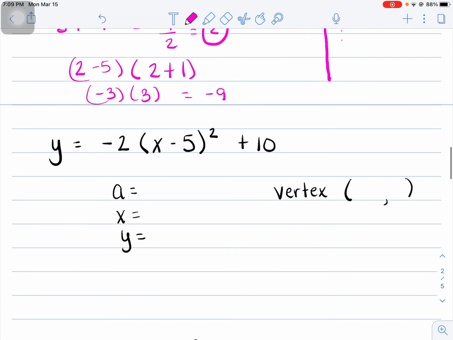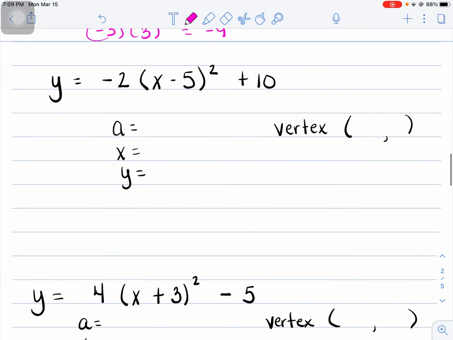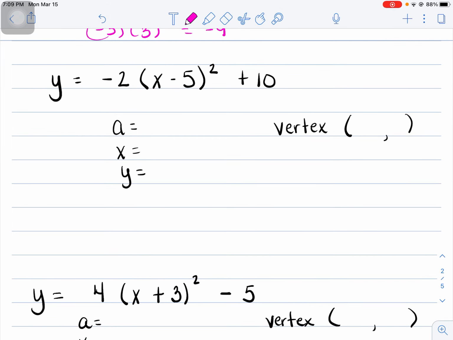All right. Let's look again at finding some important things in vertex form. So our a value, be able to spot, is a -2. That tells me immediately, because it's negative, that it's going to open down. My x value, think about whatever is here. We know this part has to be a negative. It's part of the problem.